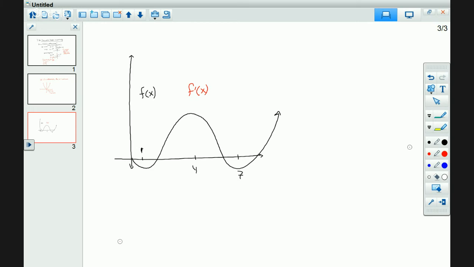So at 1, what's the slope of that? 0, right? So the derivative, if the slope is 0, at x equals 1, the slope is 0, the derivative has a point 1, 0.